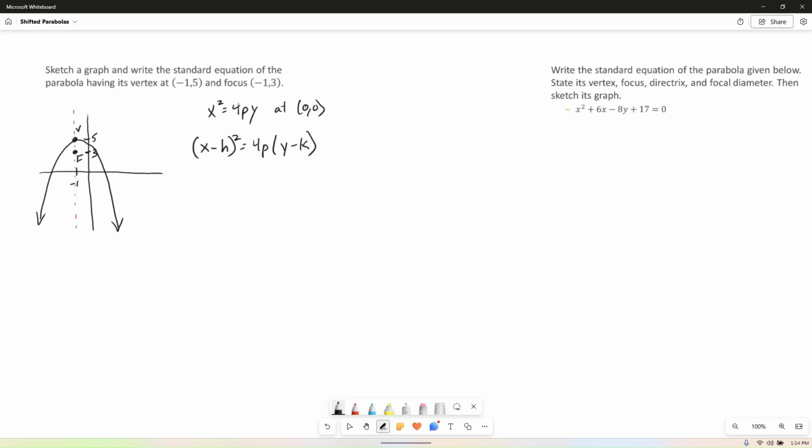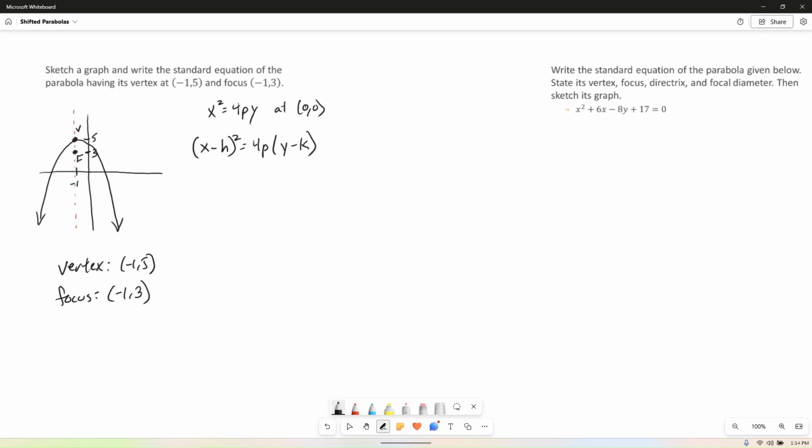And the h and the k values are our vertex. So again, we already know our vertex. It is at (-1, 5). And we know the focus is at (-1, 3).